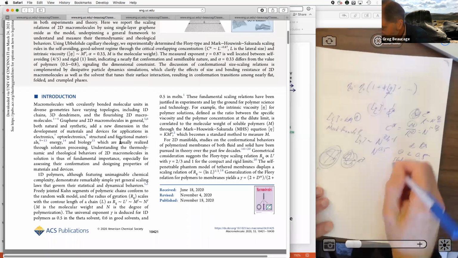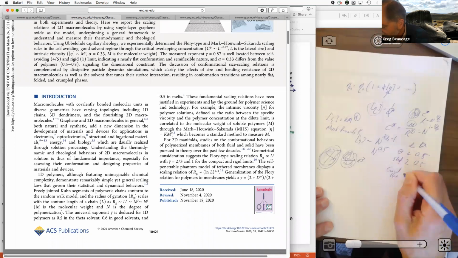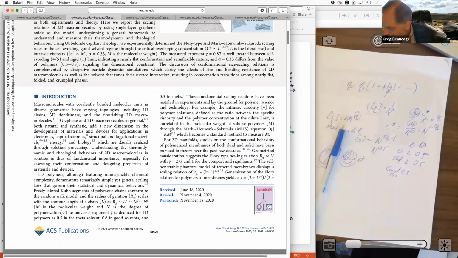So if it's convoluted, it's going to be like 2.5, and then you're going to get, for convoluted 2.5, 0.2.